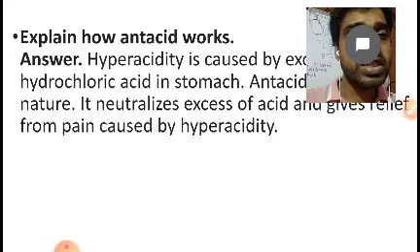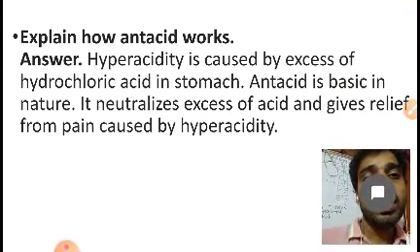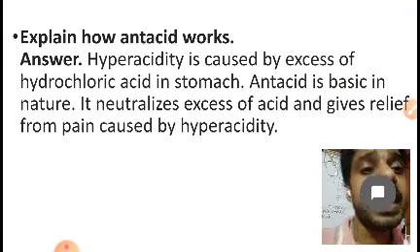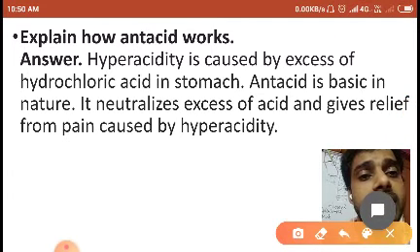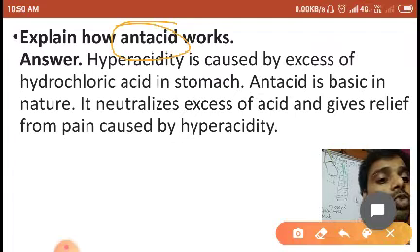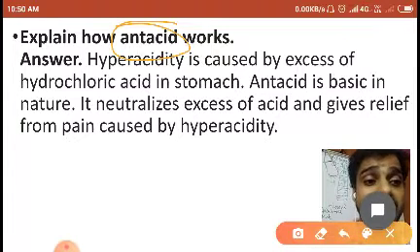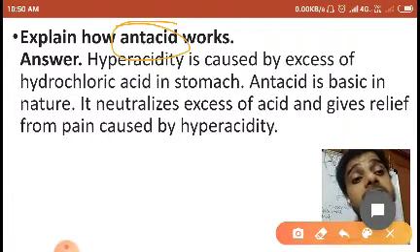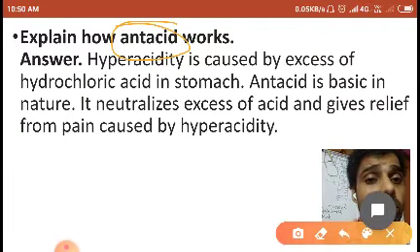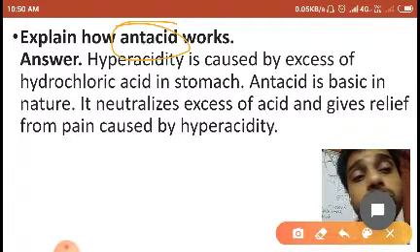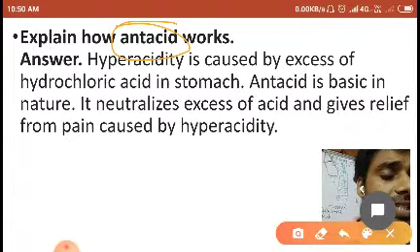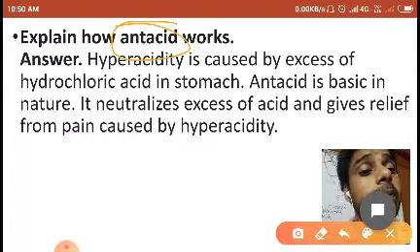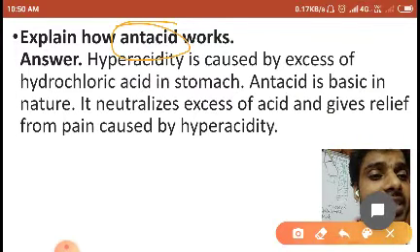Now the next question you can see: explain how an antacid works. Anta is related to the word opposite; anta means opposite to acid. You know why we need an antacid, why the doctor prescribes an antacid.